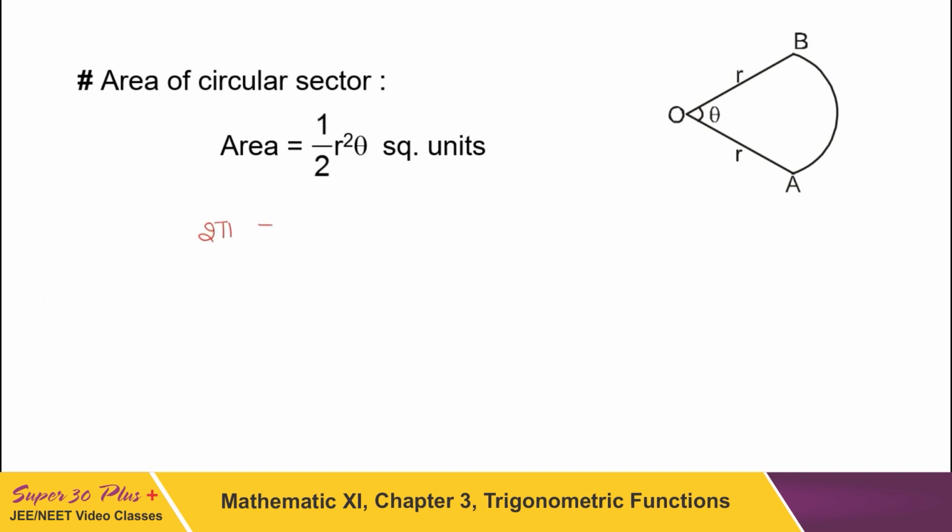Corresponding to 2 pi, there is the area pi r square if the radius of the circle is r. Then for the angle theta, the corresponding area, which is the circular sector area, will be pi r square upon 2 pi into theta. Now solve it out, it will become r square theta by 2 square unit. This formula is solved now.